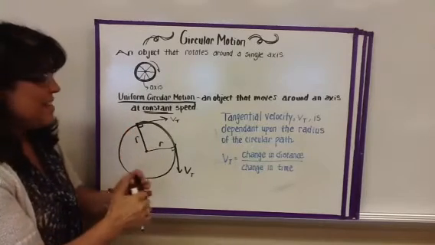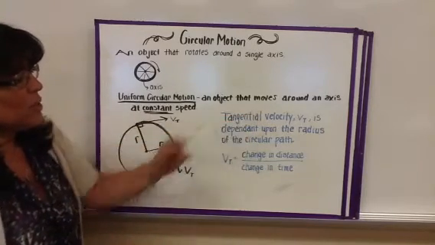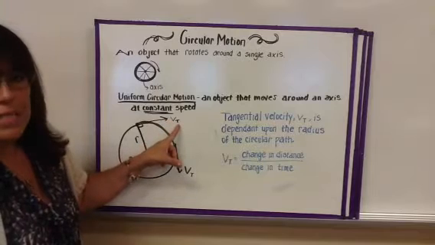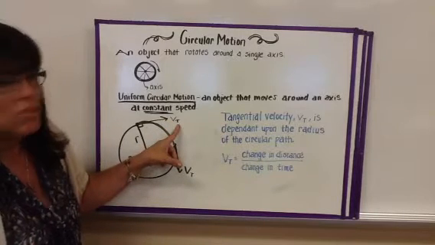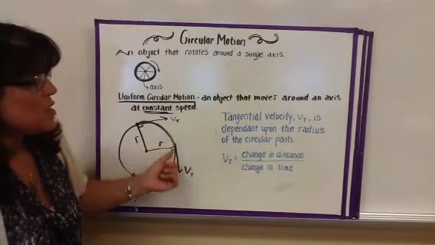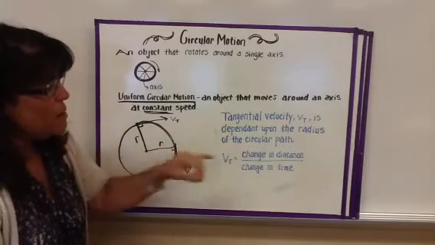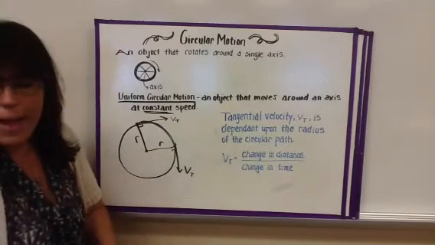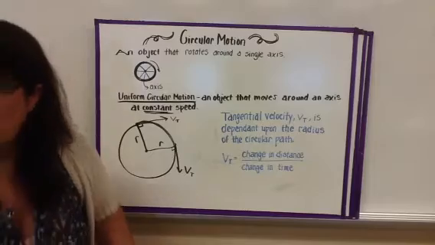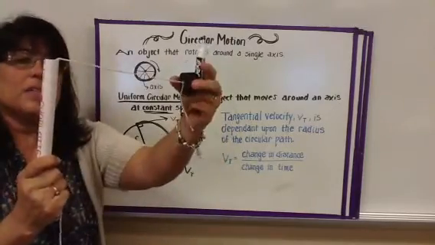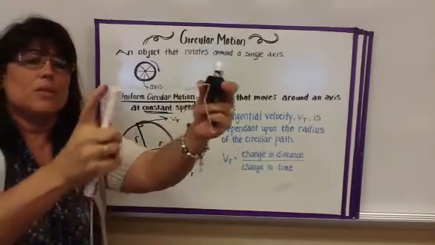one spot. This is what we call our tangential velocity, and we use the little sub t to tell us that it's a tangential velocity. This tangential velocity is dependent upon the radius of the circular path. So yesterday when we did our lab, the radius was the distance from the stopper to the center here.